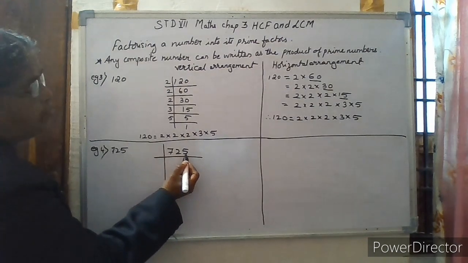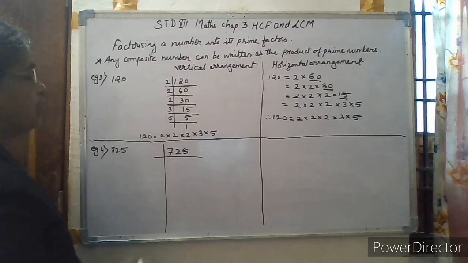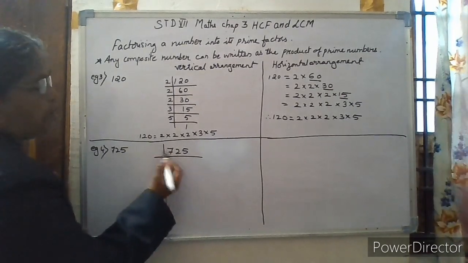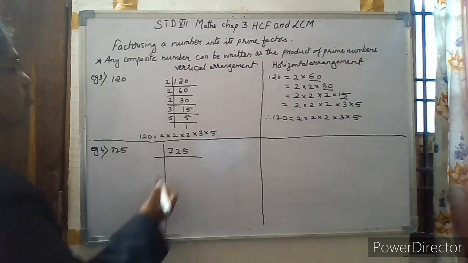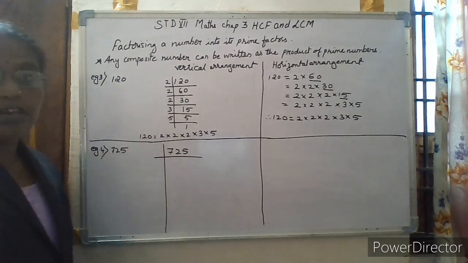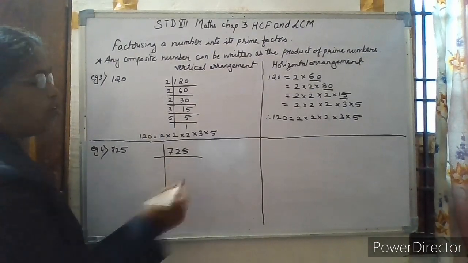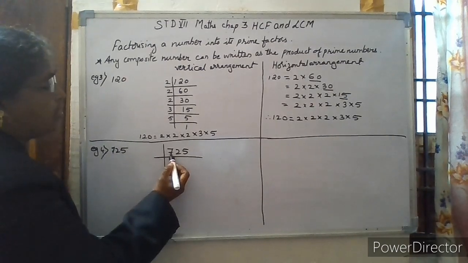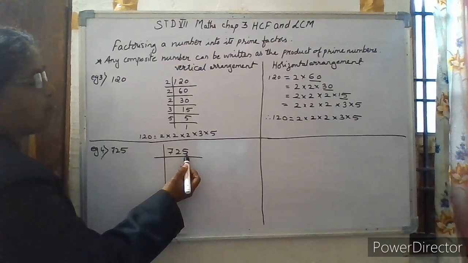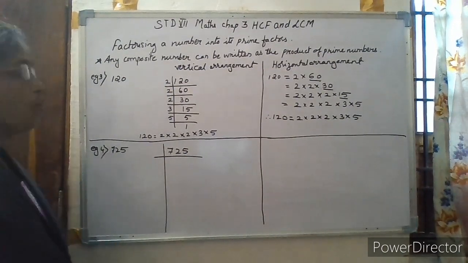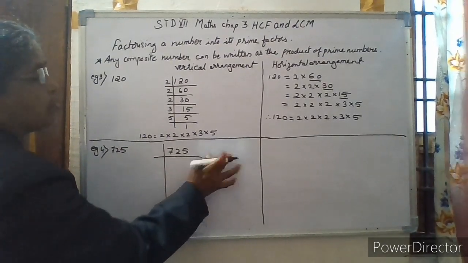Now, as the digit 5 is there in the units place, this number is divisible by 5. Or we can see tests of divisibility. You have learned tests of divisibility in 6th standard. This number is not divisible by 2. Try to add the digits. 7 plus 2 is 9. 9 plus 5 is 14. So 14 is not divisible by 3.